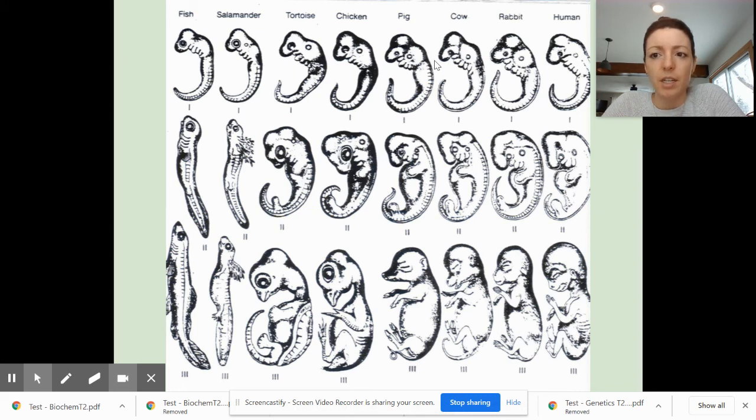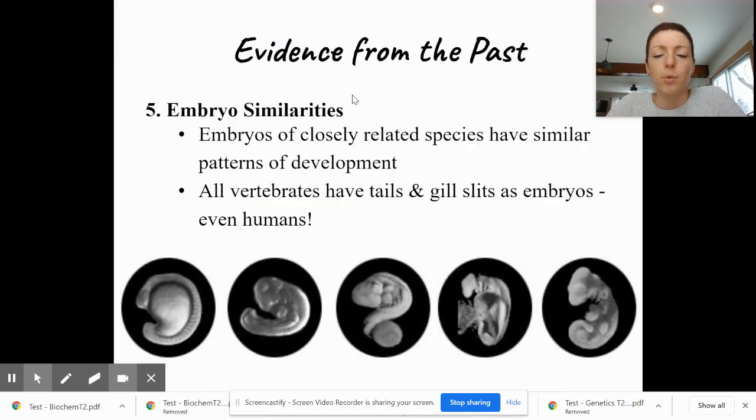I mean, very, very, very different animals, but look at how close those embryos are. So definitely, again, common ancestor. So something about this development really works well for embryos, right? And then we branch off from there. We've got all these differences and mutations that have accumulated to make us who we are and them who they are. So embryos of closely related species have very similar patterns of development.